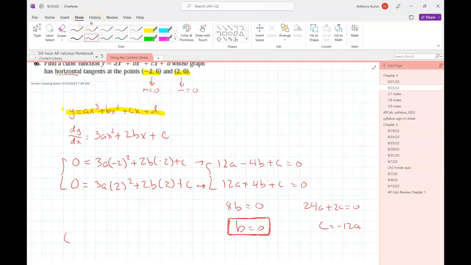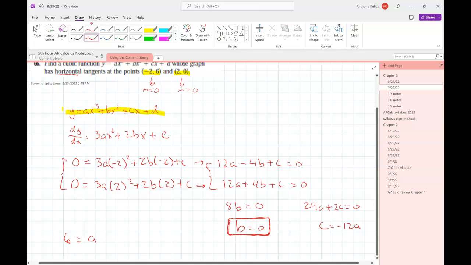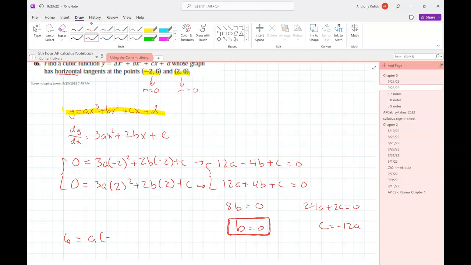So I can say that 6 is equal to a, not x, but negative 2 cubed plus 0, negative 2 squared. And then I'm going to go ahead and make my substitution with the c. I'll just write that as minus 12a times negative 2 plus d.